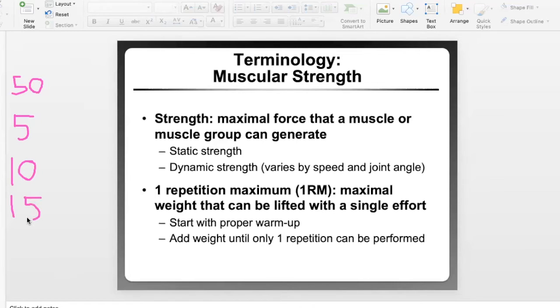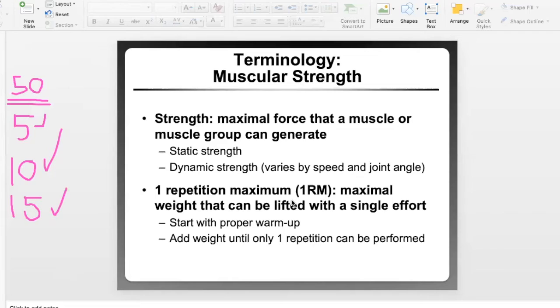And then there are equations that you can use, where you plug in the amount of weight that you're lifting and the number of reps that you're able to do. And then given that equation, you're able to estimate your 1 repetition max.